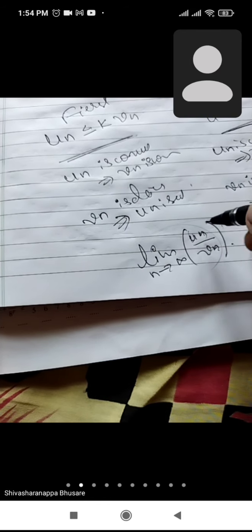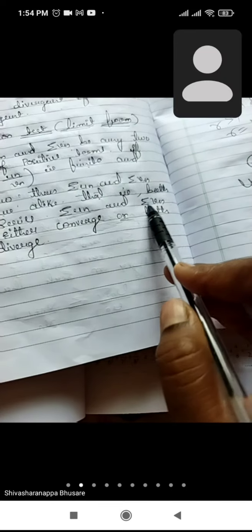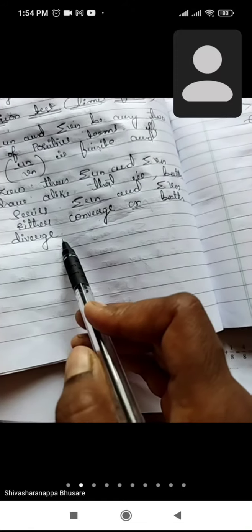Alike results means if any one is given, the second one is also the same. If it is convergent, the second is also convergent. If it is divergent, the second one is also divergent. Either both the infinite series un and vn converge or both may diverge.